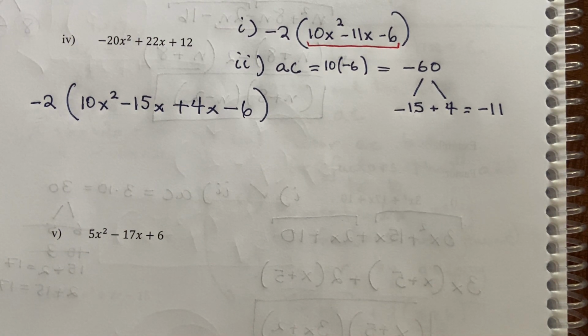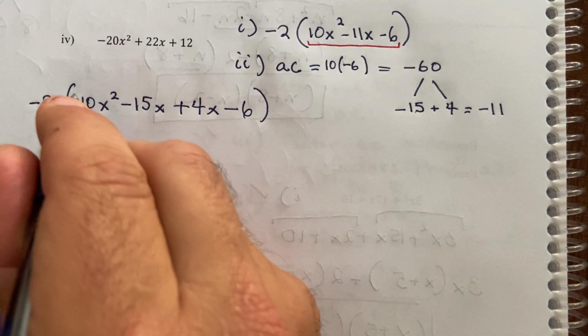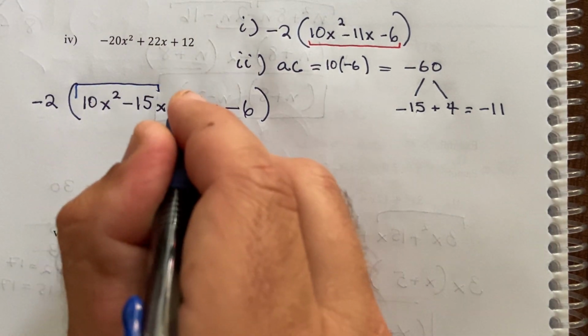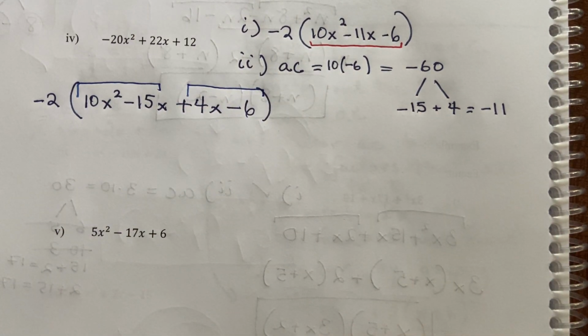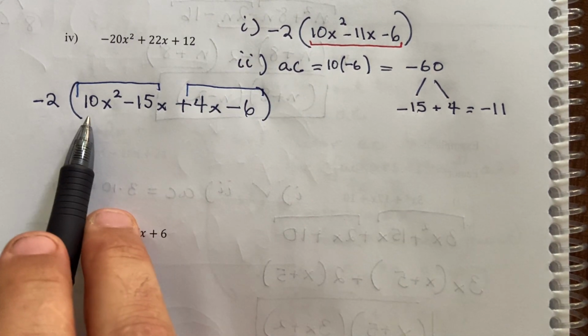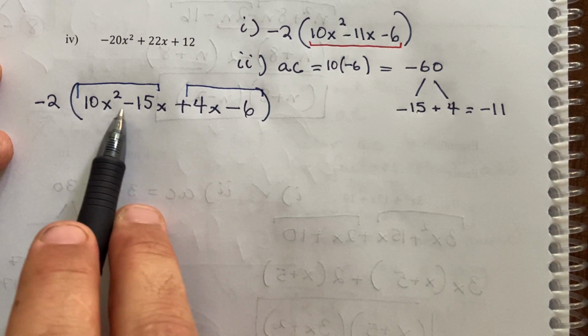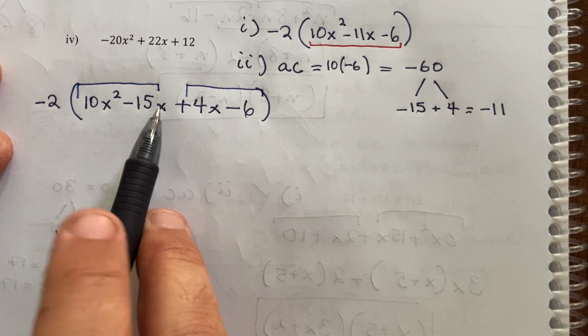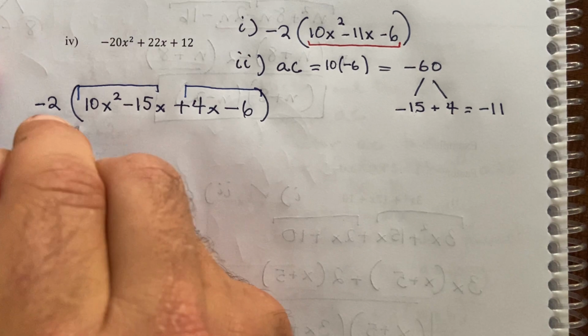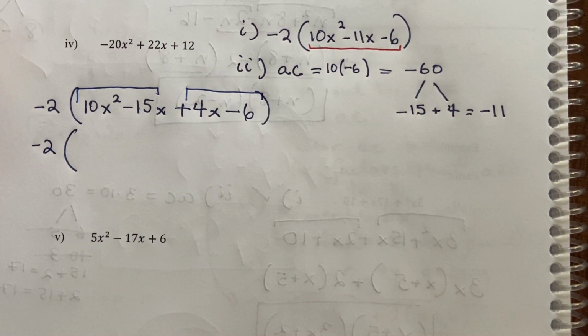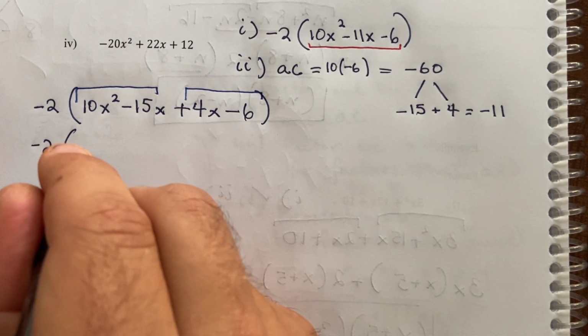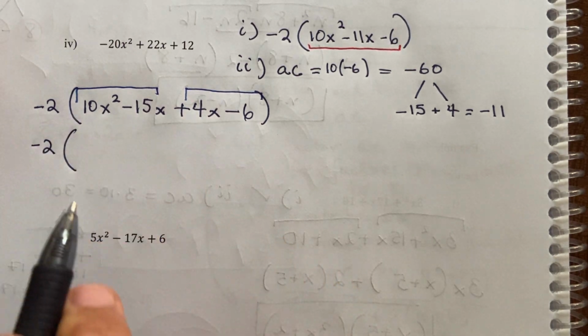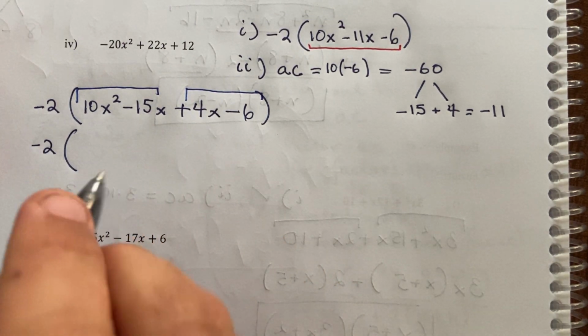What next? Well, it was the same as what we did prior, right? We factor by grouping. So I'm going to factor out whatever I see as common between these two terms. So we have -2, and then I'm factoring out of that, well, it looks like a 5x.